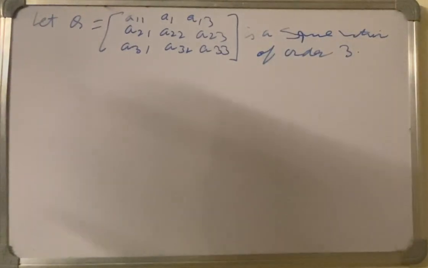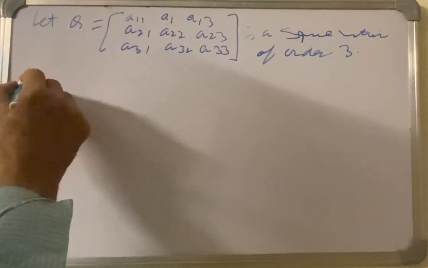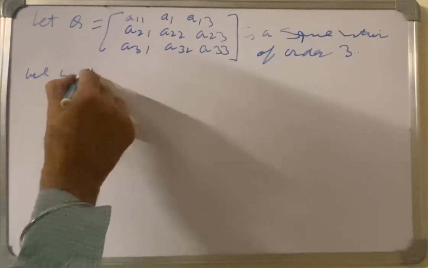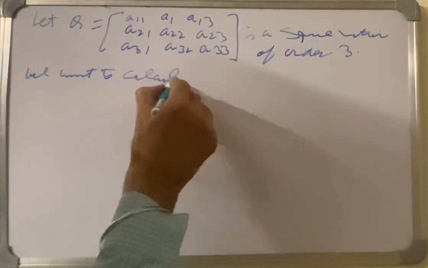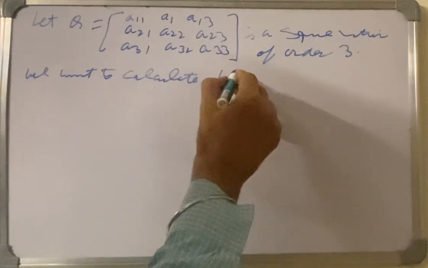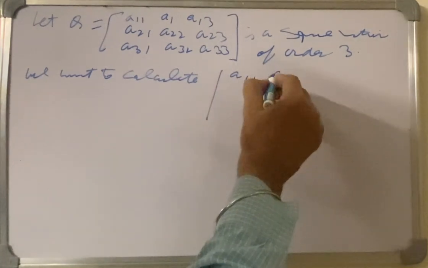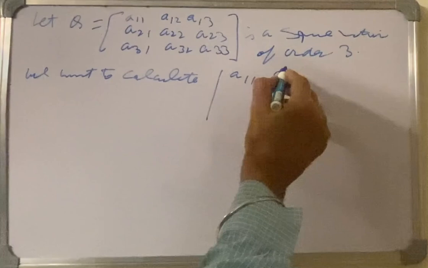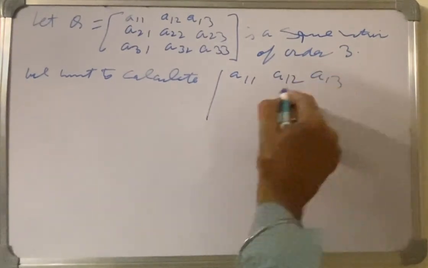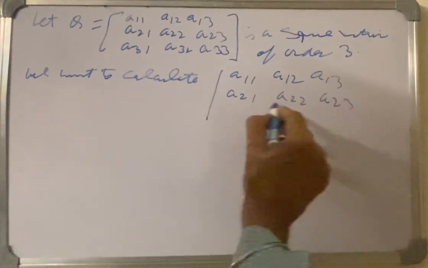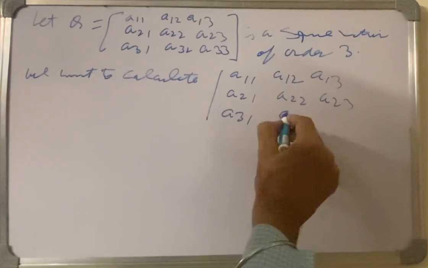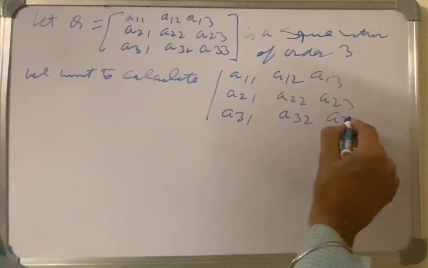Now we want to calculate the determinant A11, A12, A13, A21, A22, A23, A31, A32, A33.